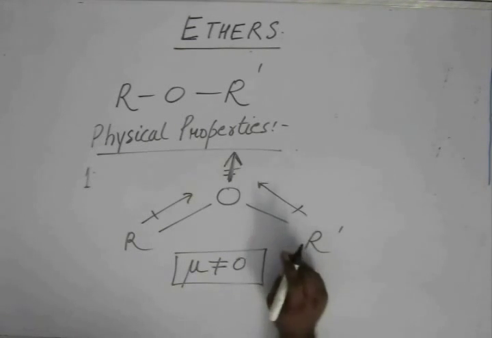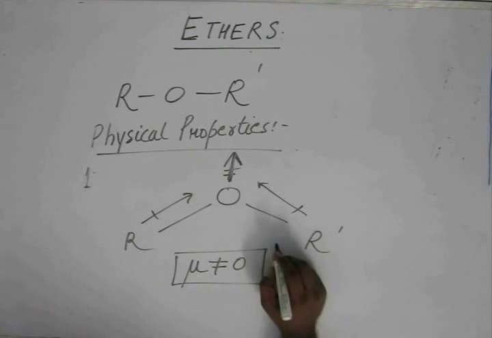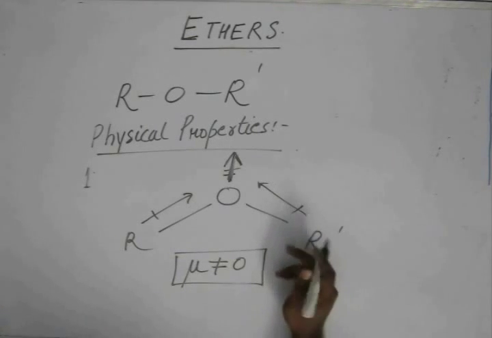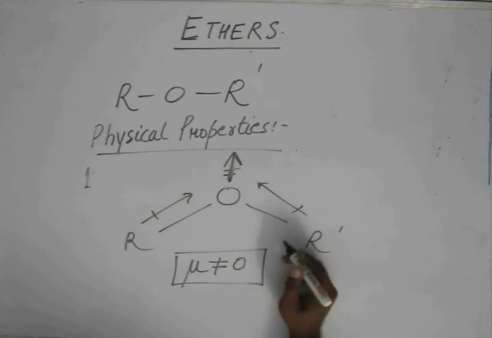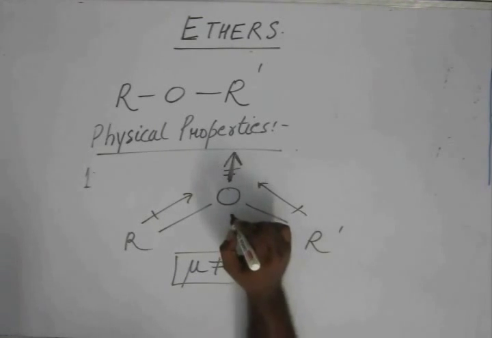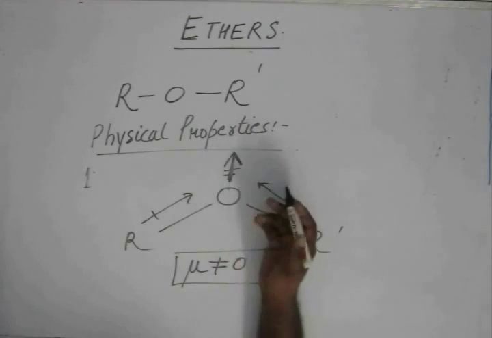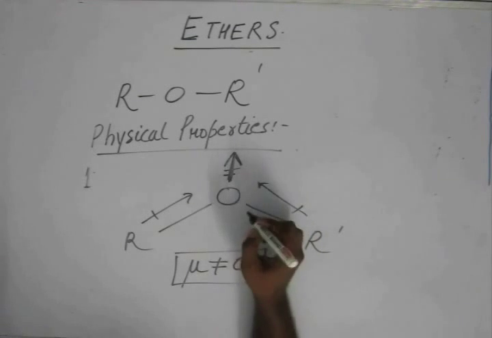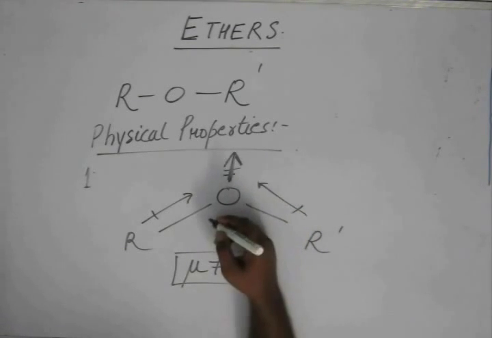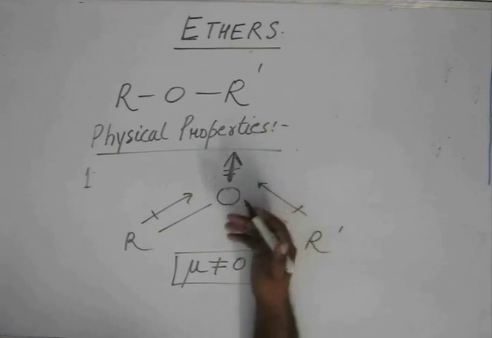Due to this dipole moment, they have considerably higher boiling point than those that do not have dipole moment, as in the case of hydrocarbons. Of course, these ethers have lower boiling point than carboxylic acids and alcohols, because in the case of carboxylic acids and alcohols, they have dipole moment supported by hydrogen bonding.